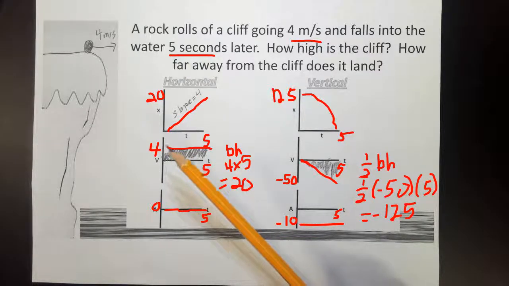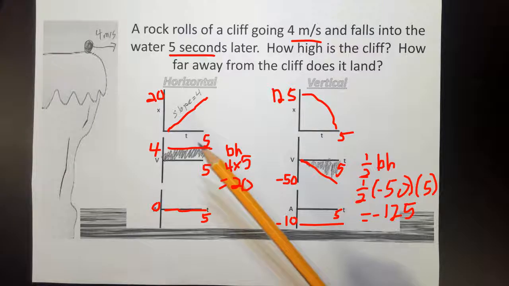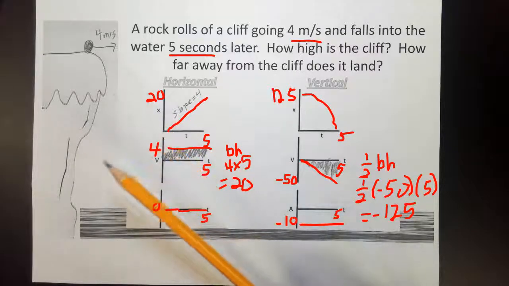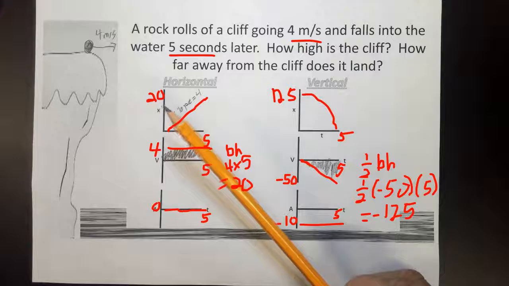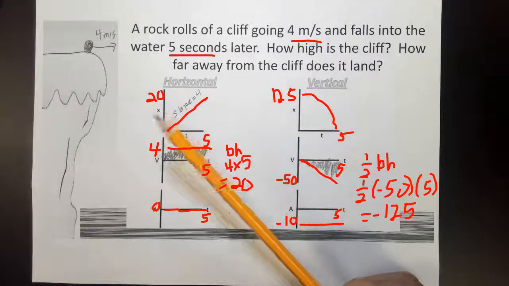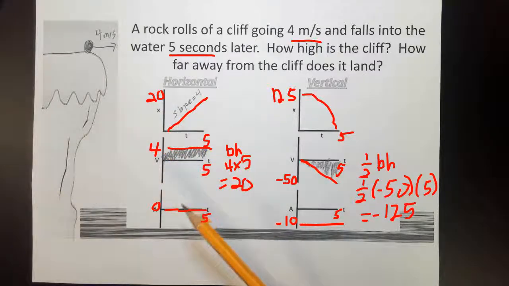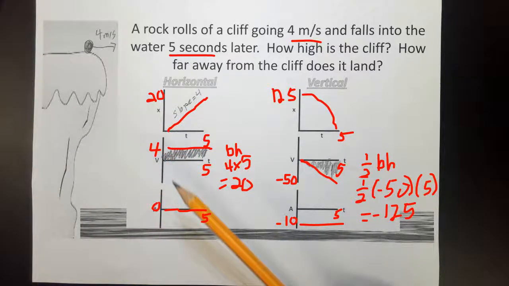All right, and you could get 4 times 2 instead of 4 times 5. And so basically you get a horizontal displacement that is smaller. Right? So the smaller we make the cliff, the less time it spends in the air, and the smaller the horizontal displacement is going to be. So it's not going to go as far from the cliff if the cliff is shorter.